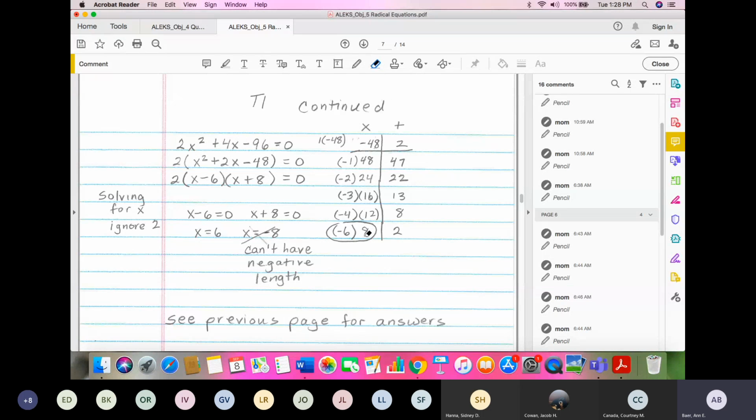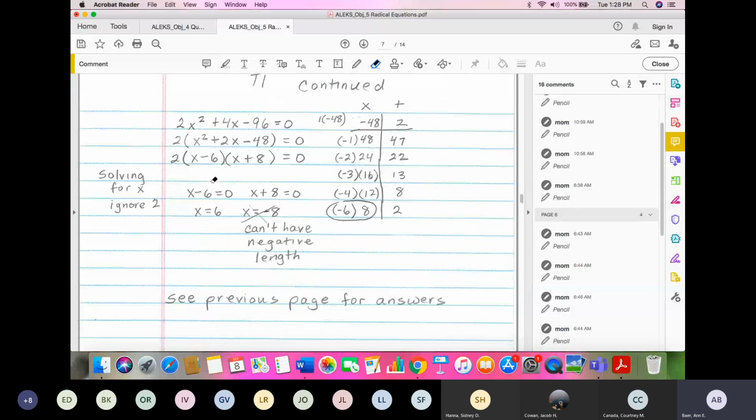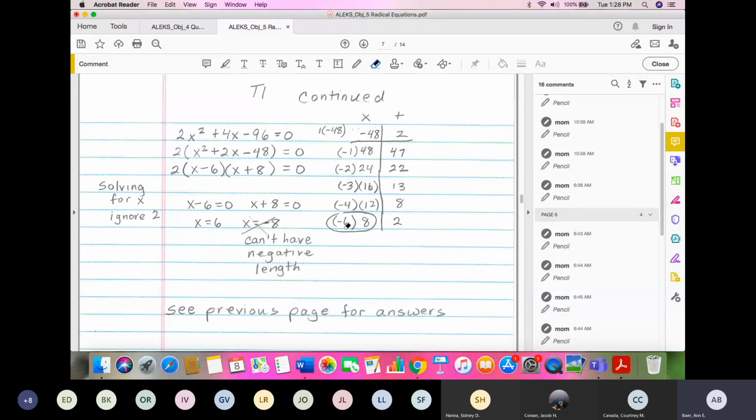Negative 6 times 8 is negative 48. When you add these two together, negative 6 plus 8, you get positive 2. So I know these are the numbers that I want. Since we have x squared, we know we're going to have x here and here. Minus 6 goes in there. Positive 8 goes in there.